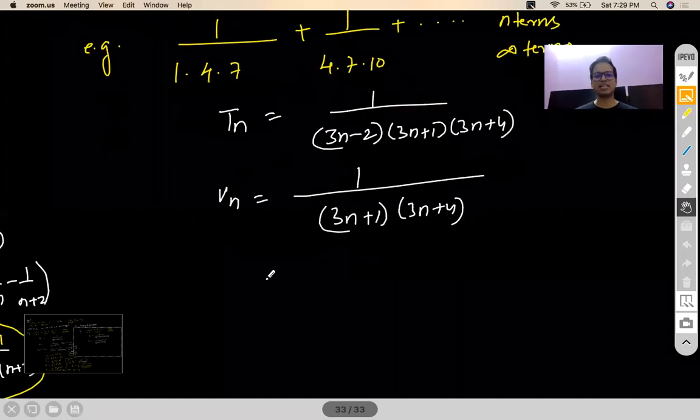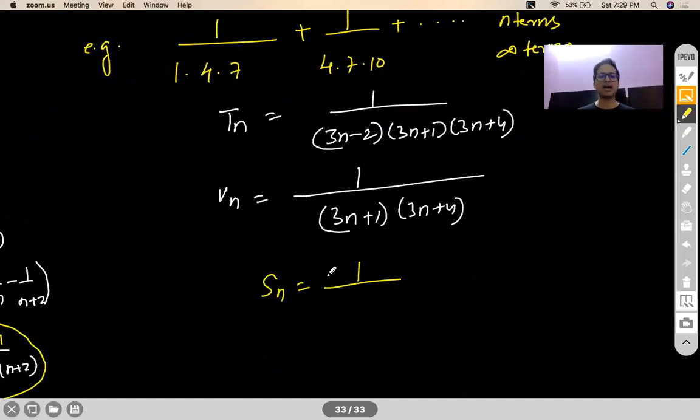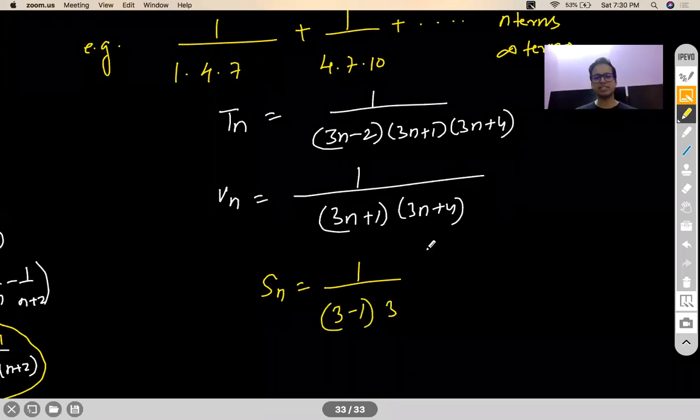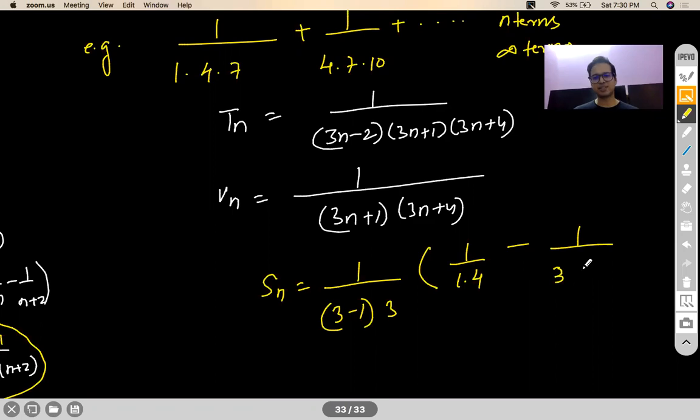Your sum till n terms will be 1 by r minus 1. R minus 1 will be 3 minus 1. D will be 3 because common difference is 3. V0 will be 1 by 1 into 4 minus Vn. If you are really looking to save a lot of time in your competitive level exam, you can definitely use this.